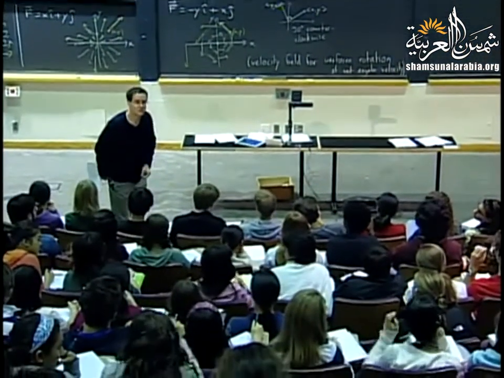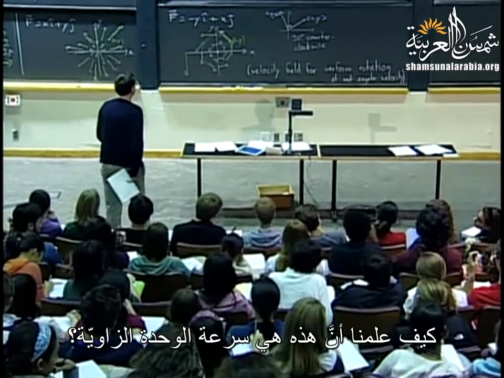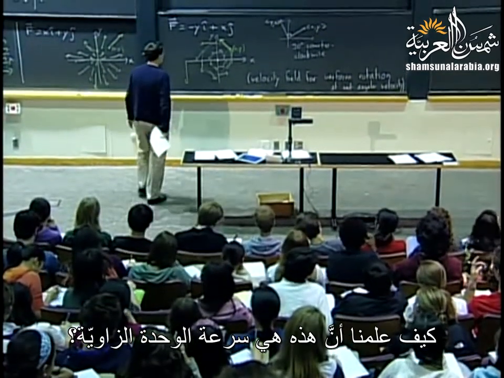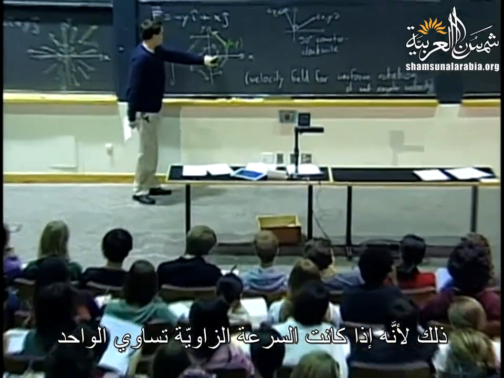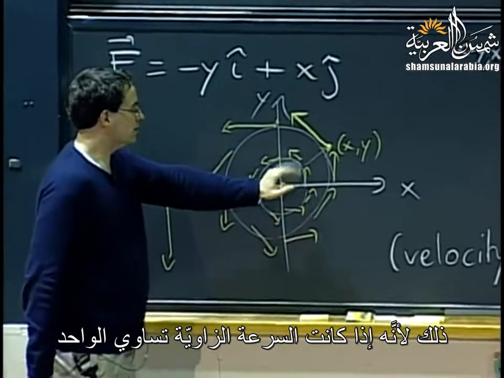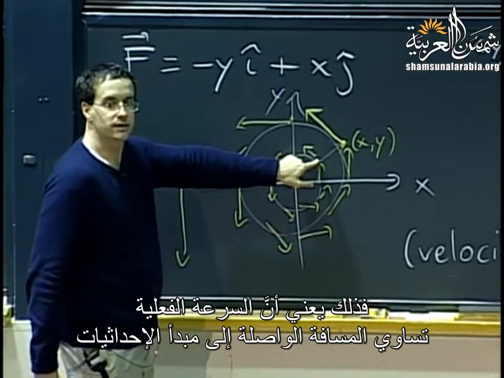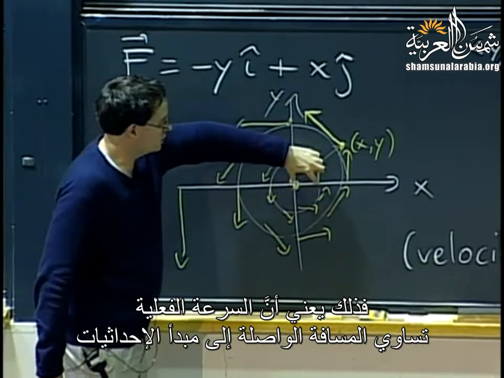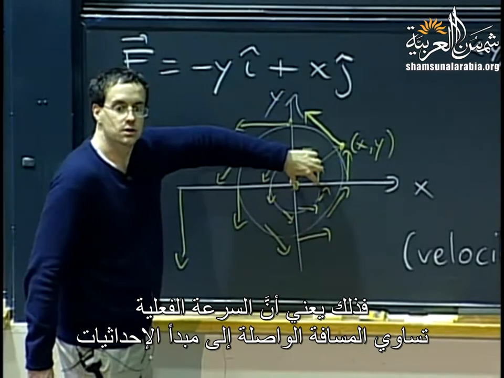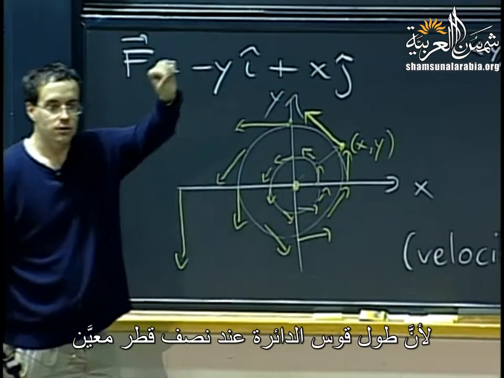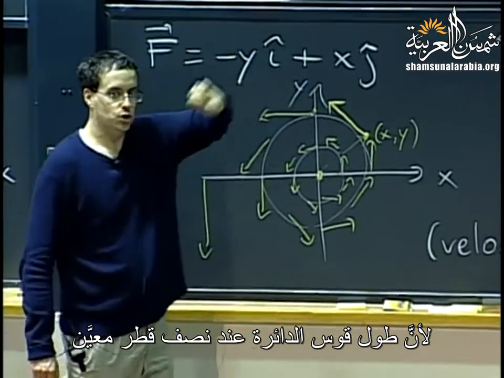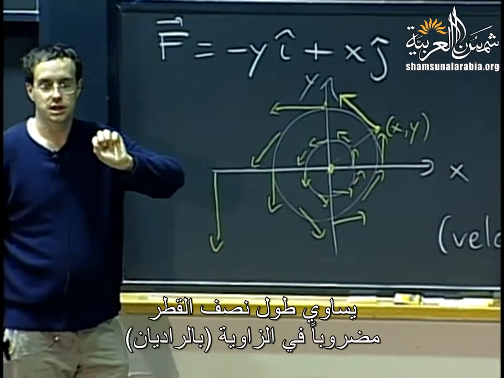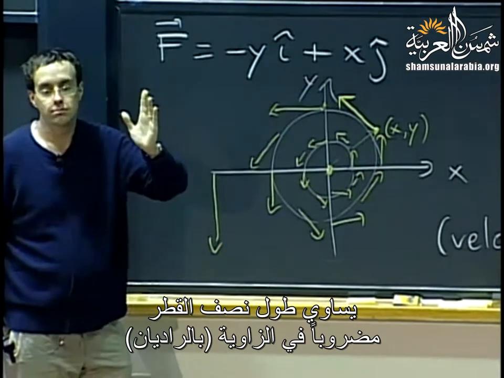How do I know that it's at unit angular velocity? Well, that's because if my angular velocity is 1, then that means that the speed, the actual speed, is equal to the distance from the origin, right? Because the arc length on a circle of a certain radius is equal to the radius times the angle.